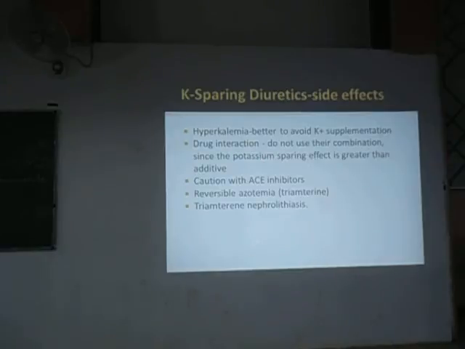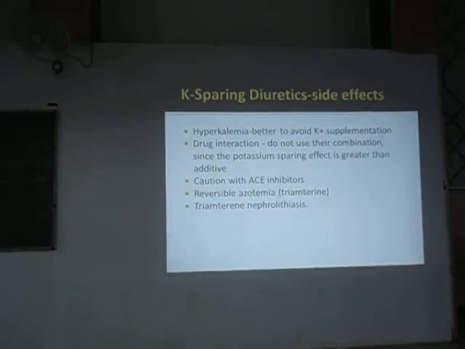Regarding drug interaction, we cannot use another potassium sparing diuretic together. For example, there is some refractory edema and you want to use two drugs together, something like a loop diuretic or thiazide diuretic and a potassium sparing one.